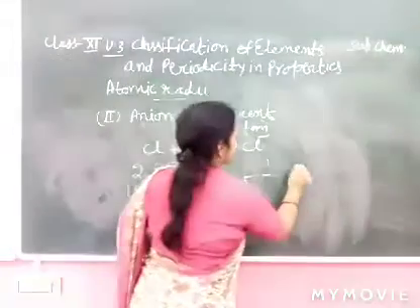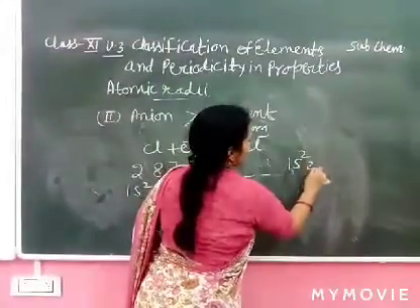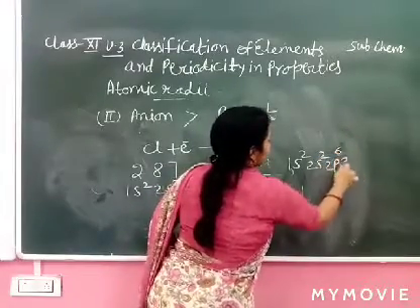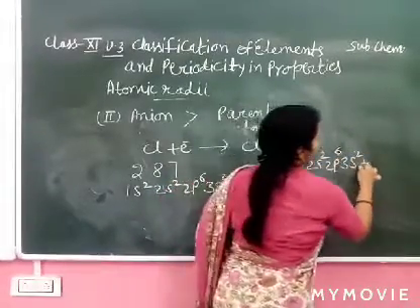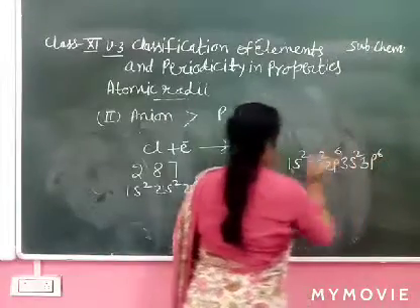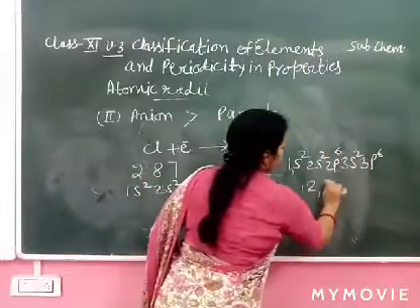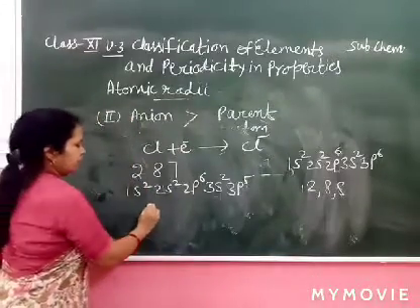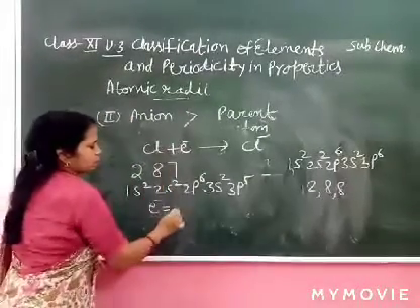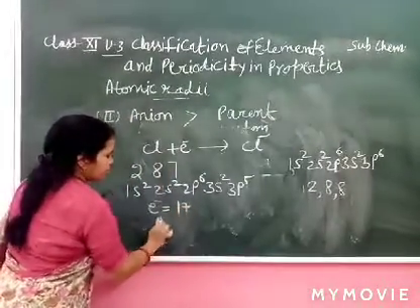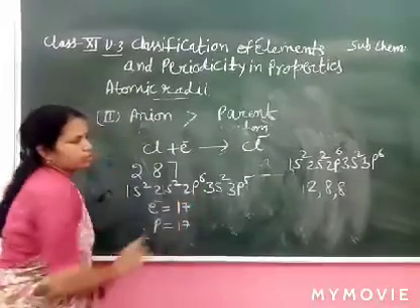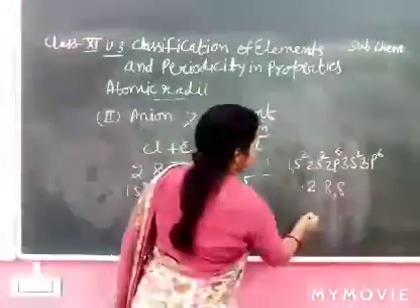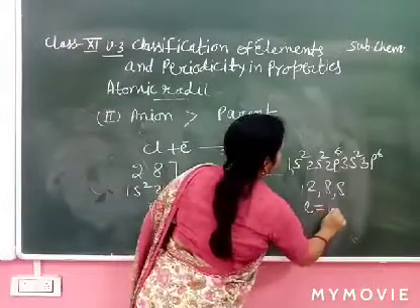When one electron is added, it converts into 1s2, 2s2, 2p6, 3s2, then 3p6. It becomes stable. It means 2, 8, 8. So what happened? Let's see. Electrons: how many? 17. How many protons? 17. One electron is increased. How many electrons? 18.